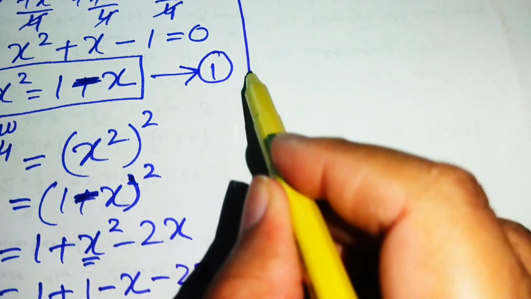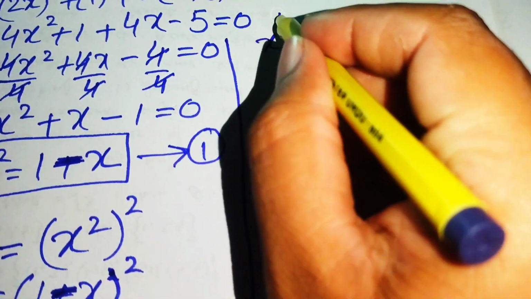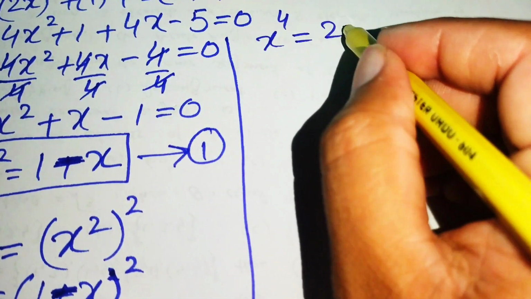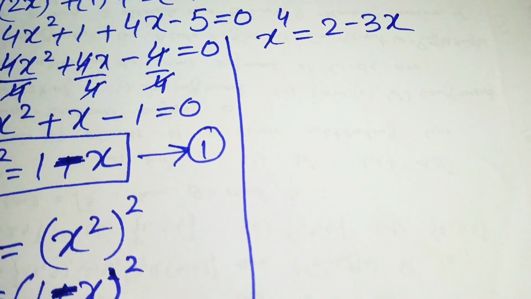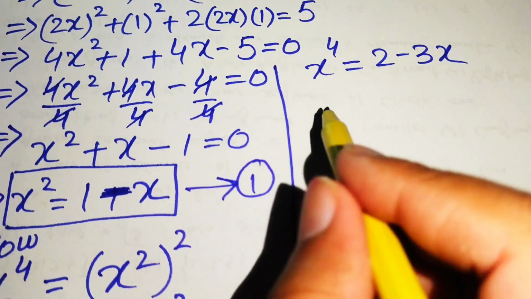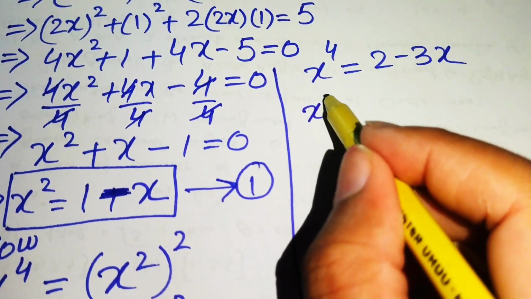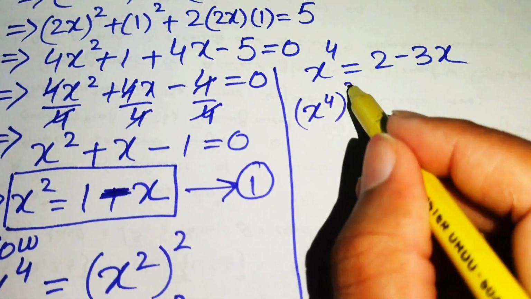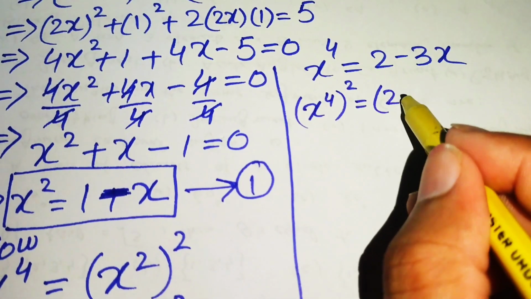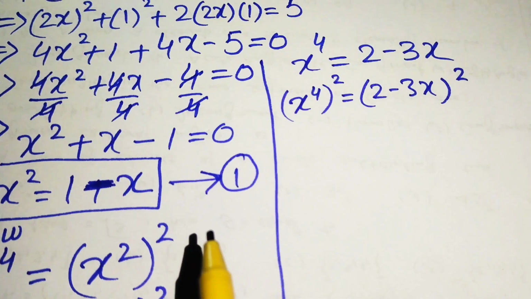And now we take a square on both sides of this equation. First we copy down this equation: x to the power of 4 equals 2 minus 3x. Now we take the square on both sides again. So we get x to the power of 4 whole square equals (2 minus 3x) whole square.